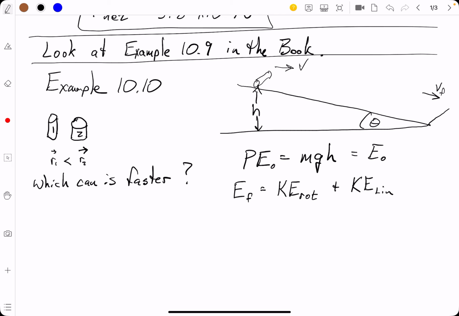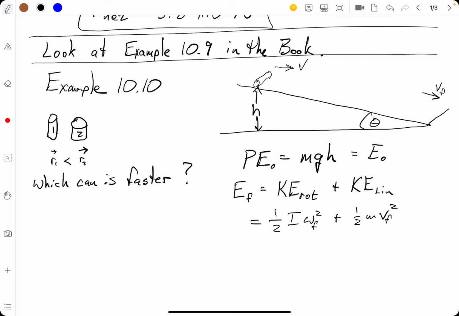So we've got linear and rotational. And you guys know which one's which, right? Rotationally, 1/2 I omega squared. Linearly, 1/2 mv squared. And I'm going to put a little final on there. In fact, we could put final here too. Good.